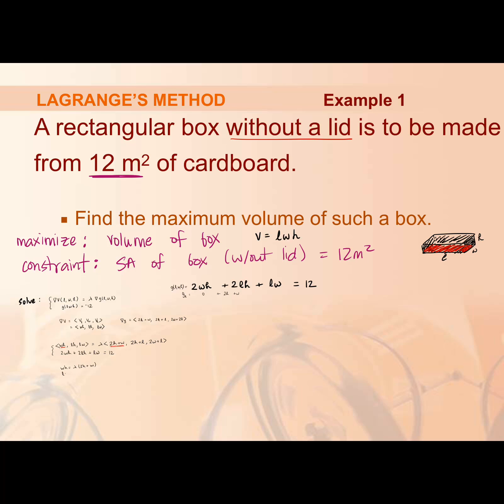The second one is that L times H must be equal to lambda times (2H plus L). And the third one is that L times W must be equal to lambda times (2W plus L). And then remember our last one is 2WH plus 2LH plus LW equals 12.